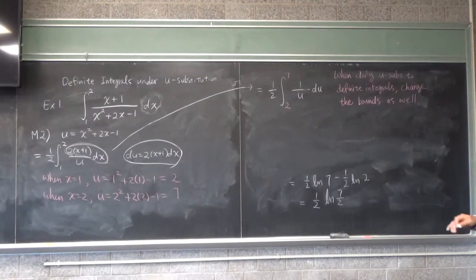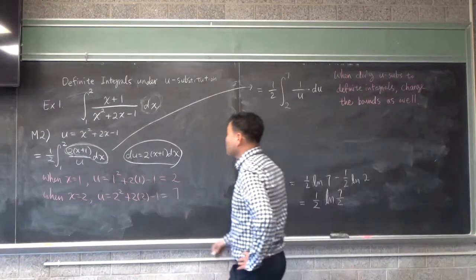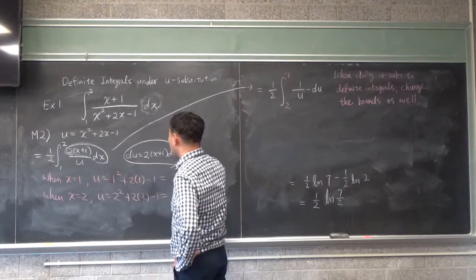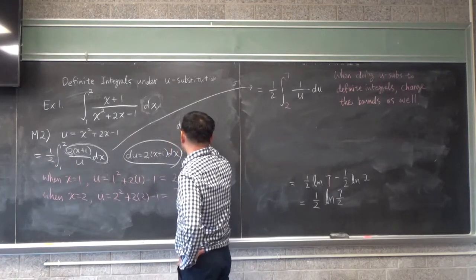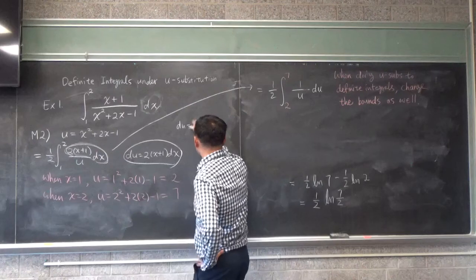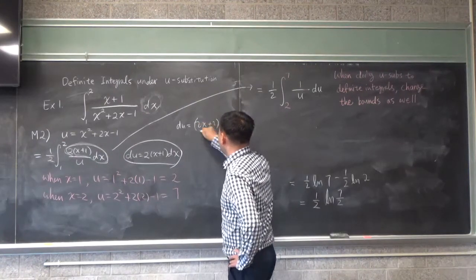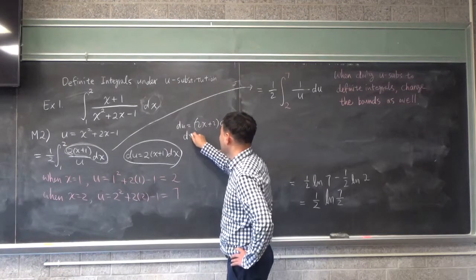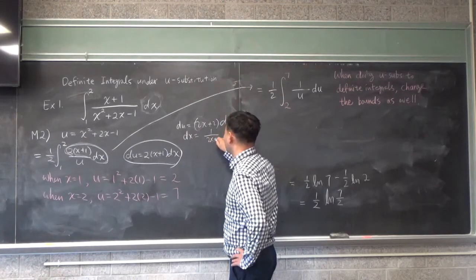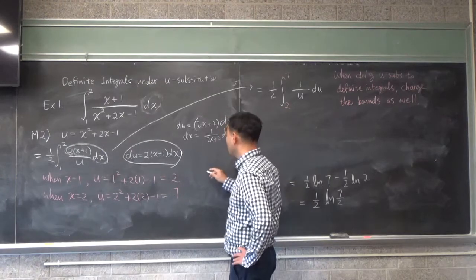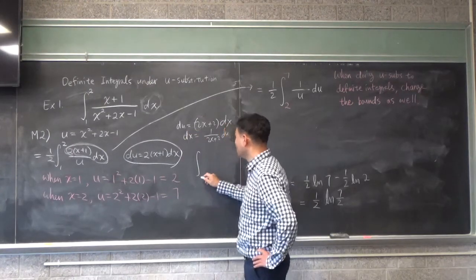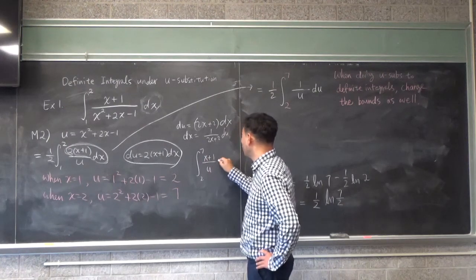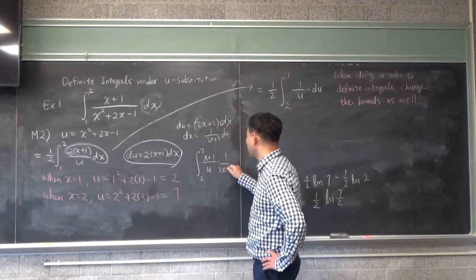If you don't like what I did here, you can also do it the other way that we did. So what was that? It was du equals 2x plus 2 dx, right? And then dx is equal to 1 over 2x plus 2 du. And that integral will be from 2 to 7 of x plus 1 over u times 1 over 2x plus 2 du.